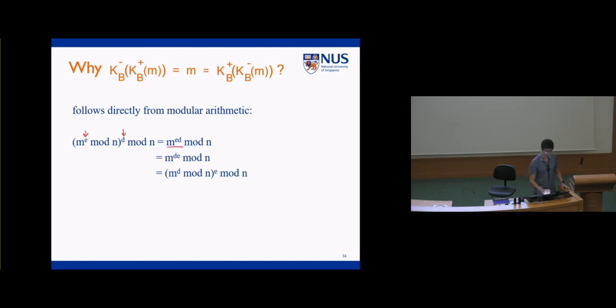Well, it doesn't matter if you multiply, so you can change the order of multiplication, right? So I can change the locations of e and d here. So that gives me m to the d e mod n. And again, I apply that exponentiation property of modulo here to have it in this format, which is encrypting with the private key first and public key second.